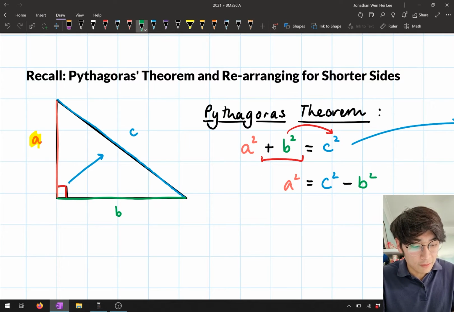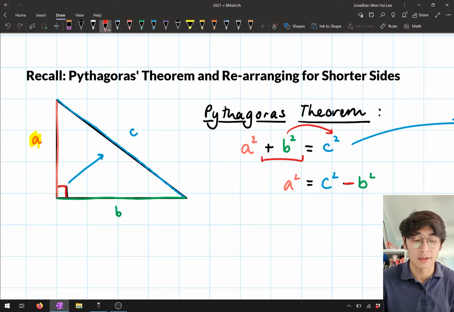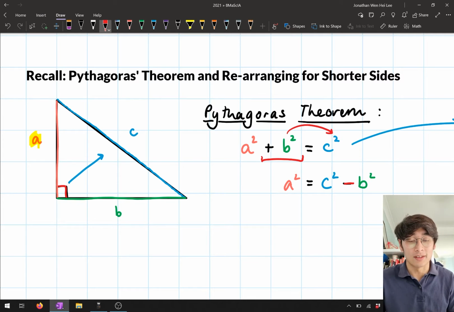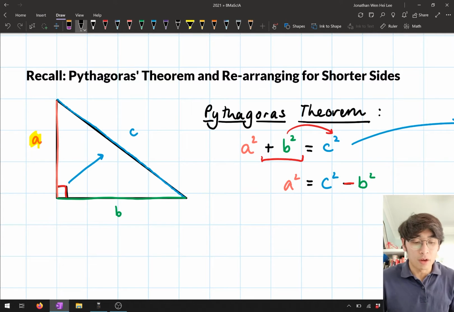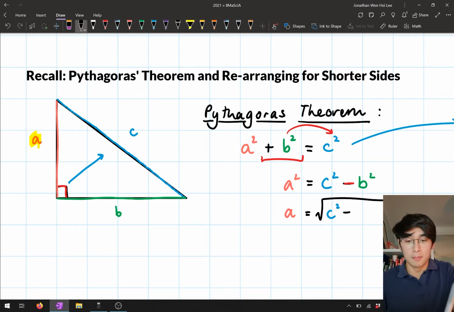What I've done is moved the b squared to the other side, but because we moved it to the other side, that plus sign now becomes a minus. And just like we did last lesson, if we want to get rid of the square symbol we need to take the square root. So a is equal to the square root of c squared minus b squared.